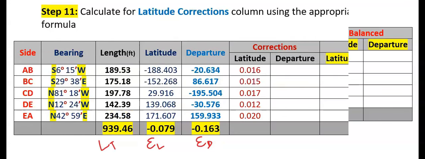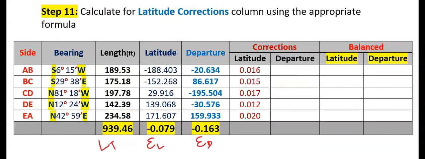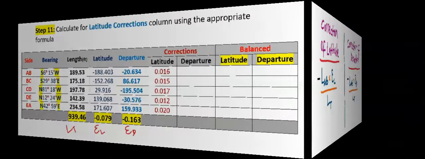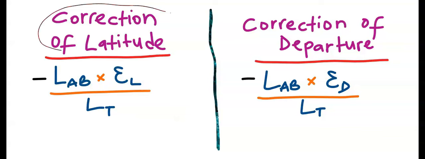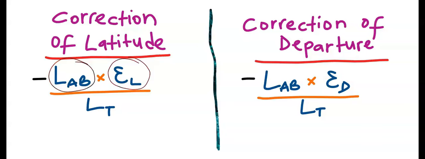Step number 11, calculate for the latitude corrections using the appropriate formula. To calculate for the correction of the latitude, it is negative of the length under consideration multiplied by the total error of the latitude divided by the total length.